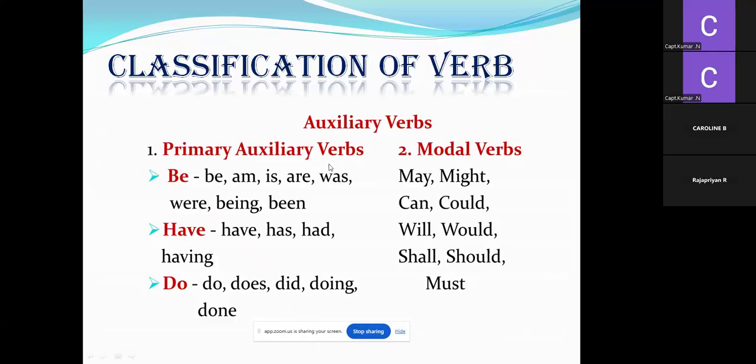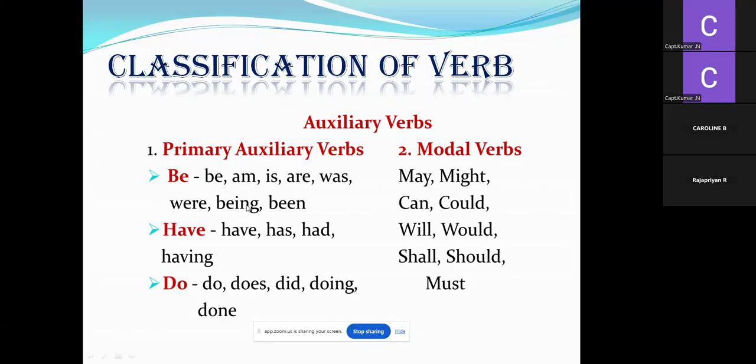Again, auxiliary verbs are classified into 2: primary auxiliary verbs and modal verbs. Primary auxiliary verbs, 3 are there: be verbs, have verbs, and do verbs. Be verbs have 8 forms: be, am, is, are, was, were, being, and been. In this, be, am, is, are are present tense, and was and were are used in past tense.